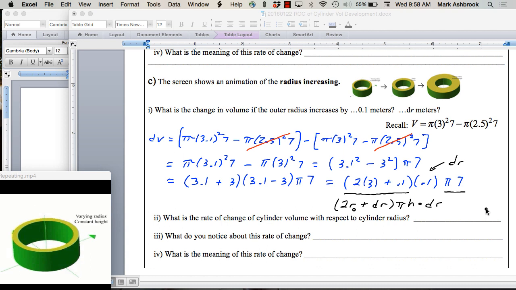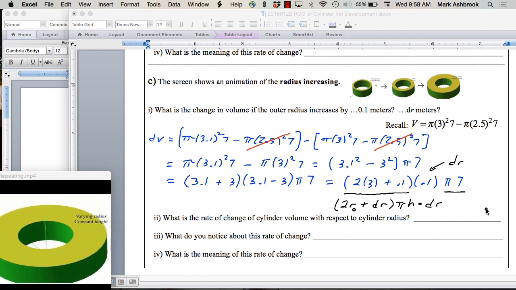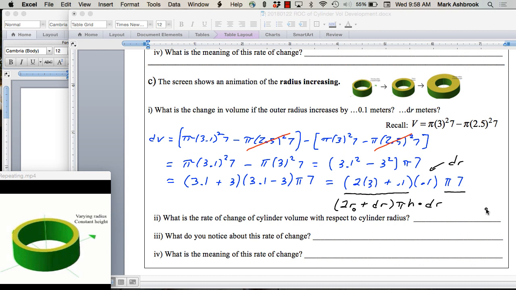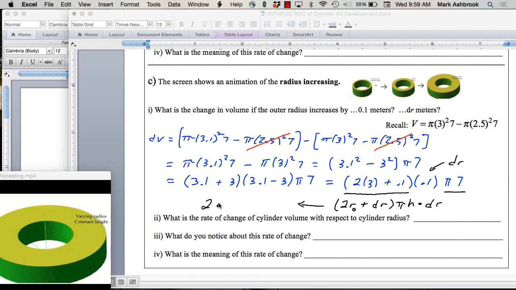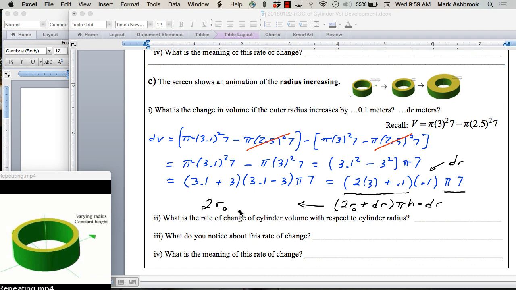And we know that in the end, in order to get exact volume, the dr is going to be really small, right? So when the dr is really small, what do we get? What does this become? 2r outer plus dr becomes just 2r outer, right? Times pi times h.